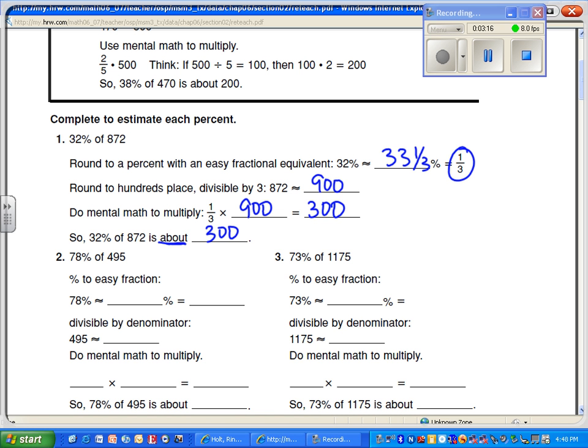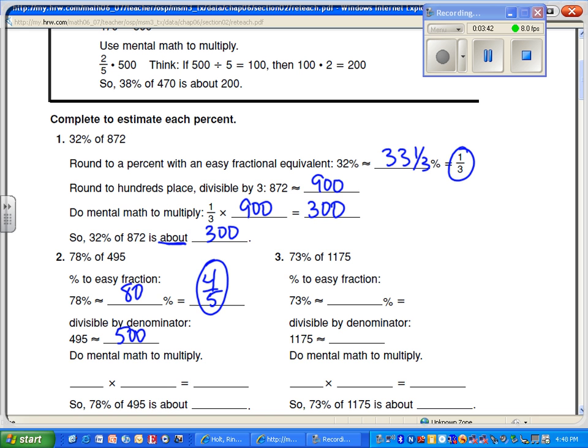All right, let's look at number 2. 78% of 495, but I want to estimate to make this easy. So I'm going to make 78% close to 80%, and then we'll convert that to a fraction. 80 over 100 is 4/5, so I'm going to use the 4/5 fraction. And then 495, let's make that 500.